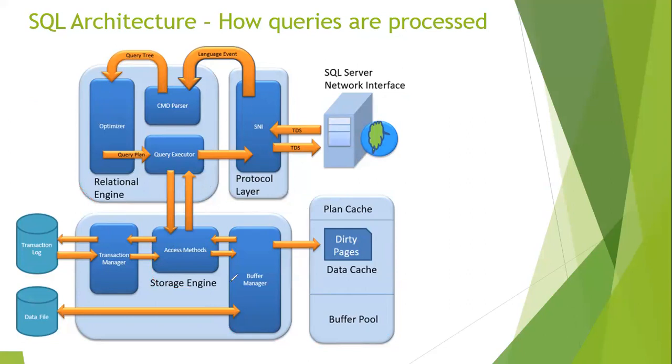It is sent to the access method, and the access method goes to the buffer manager, which checks whether the pages are available or not. It pulls the pages from the data file and keeps them in the data cache. Until this, that is the same.